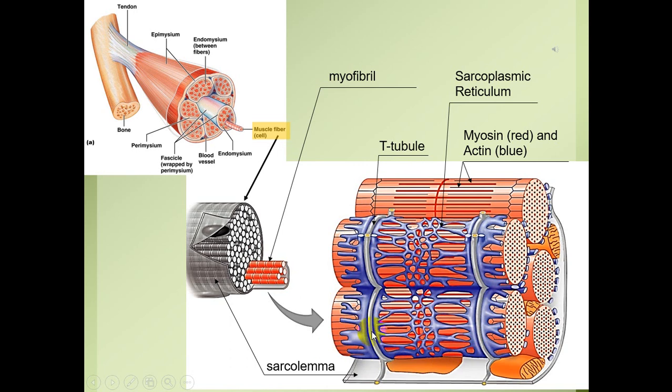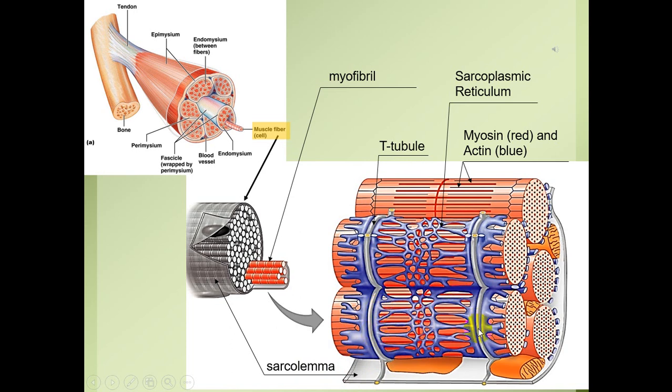Here in the skeletal muscle, at the level of the Z-disc, a triad is formed. This triad consists of a T-tubule in the center, which is derived from an invagination of the sarcolemma, and there are two large cisterns of the adjacent sarcoplasmic reticulum, which are joining the T-tubule and forming the triad.